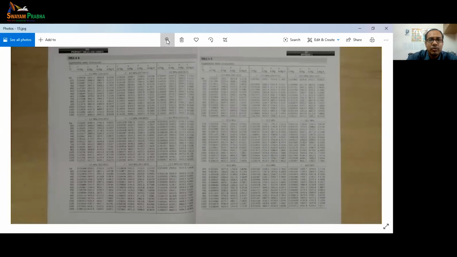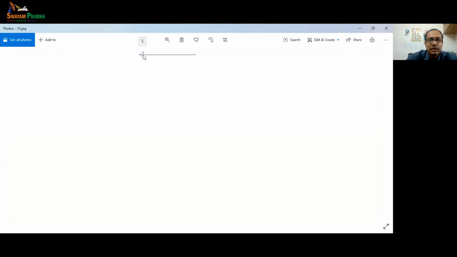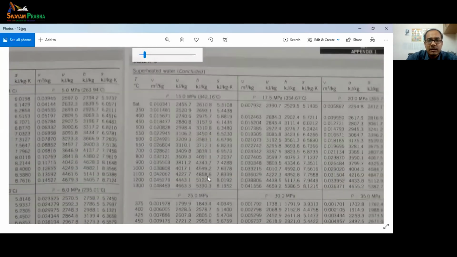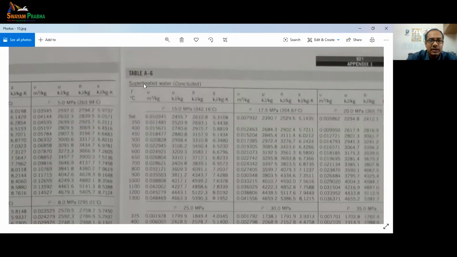So we go back to the superheated steam table. This is the superheated water table, and this is the subset of the table corresponding to the 15 MPa value. Pressure is 15 megapascal and the temperature is 350 degrees centigrade.